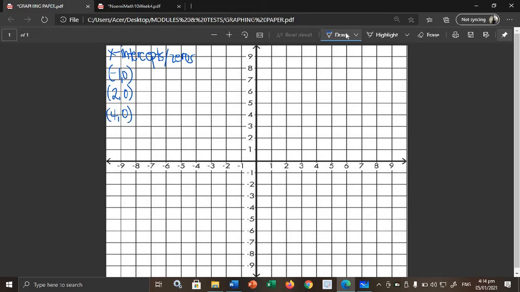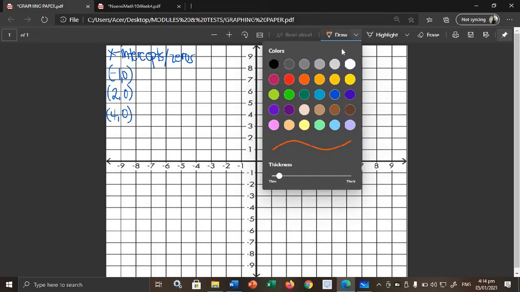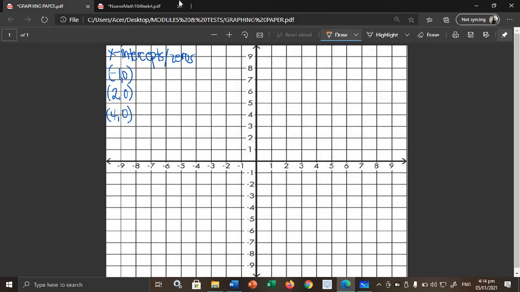Okay? And then yung Y-intercept natin, which will be the first turning point of the graph na sinolve natin kanina, is equal to 0, 8. Ayan.